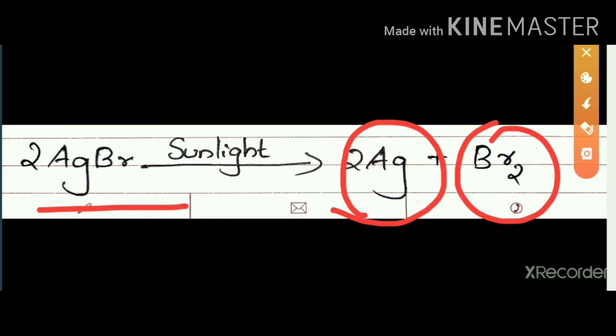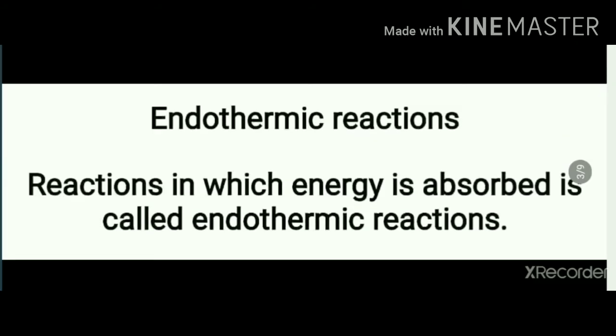If the heat or energy is absorbed, then that type of reaction is known as endothermic reactions. Are you clear now? Energy released in the reaction, exothermic, and energy absorbed, it is known as endothermic.